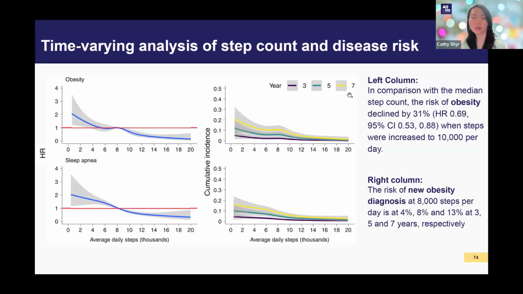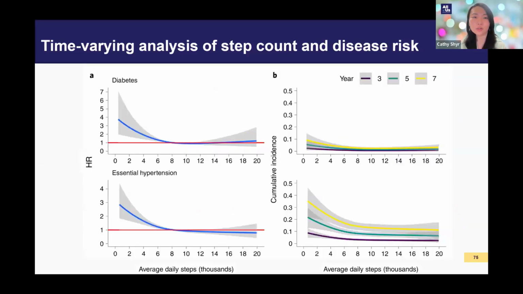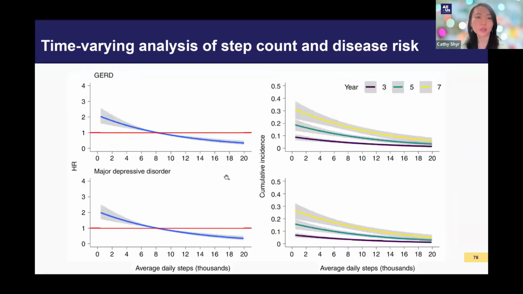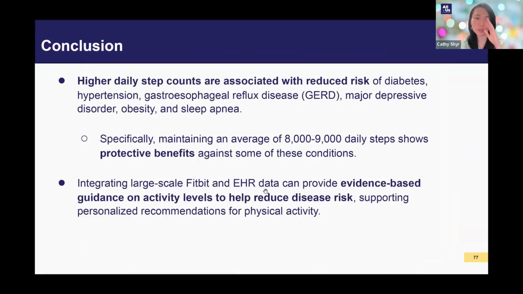So the overall takeaway is that more physical activity was correlated with lower disease risks and cumulative incidence of diagnoses. The authors also looked at a couple of other conditions, including diabetes, essential hypertension, GERD, and major depressive disorder. I won't go into the detail of each of those; if you're interested, please feel free to refer back to the paper. But the overall takeaway is that higher daily step counts are associated with reduced risk of diabetes, hypertension, GERD, major depressive disorder, obesity, and sleep apnea.